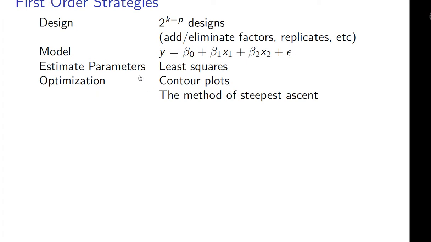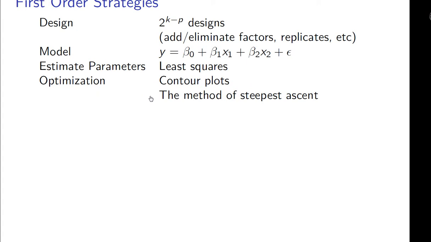We estimate the parameters with the procedure that we know as least squares, and we'll use two methods to get to the optimum. Contour plots are a graphical method, and we might use that as a preliminary strategy to help move in the right direction, to bound the region where we believe the maximum is, and then a numerical procedure that's called the method of steepest ascent.